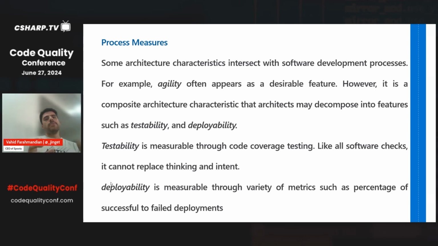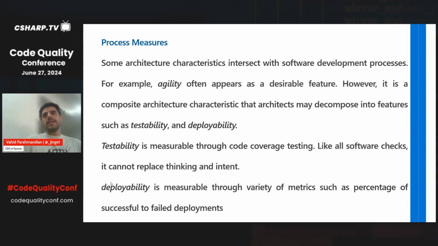Testability can be measured through code coverage testing, and we can gather the result from code coverage testing. But in order to calculate the deployability, again, we might need to calculate some other inner software architecture characteristics, such as successful or failed deployments. We need to measure the rate of successful or failed deployments. After measuring deployability and testability, we can finally measure the agility in our software. So we need to measure the whole process in order to measure our architecture.